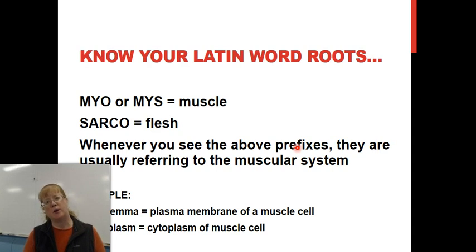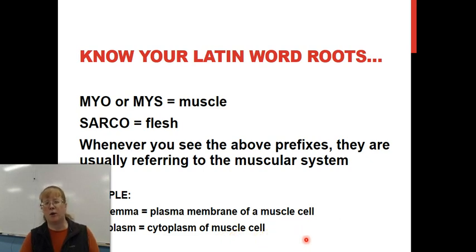There are certain parts of the skeletal muscle cells where you're going to see these terms used, and you can automatically know that that's pertaining to the muscular system. Sarcolemma is what we call the plasma membrane around the muscle cell, and the sarcoplasm is the cytoplasm of the muscle cell.